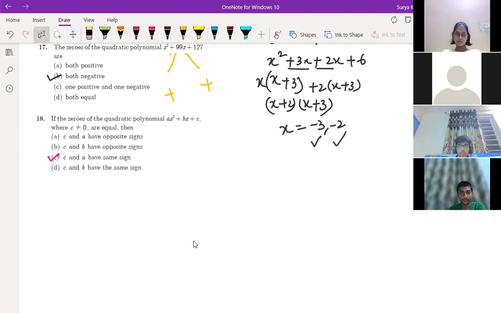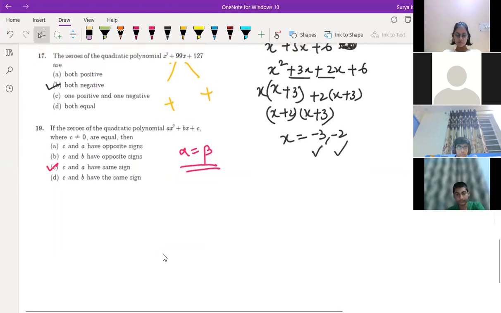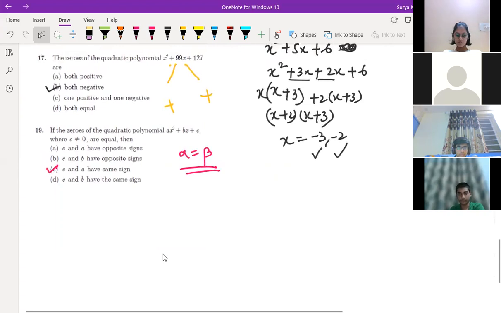Rasul, are you understanding the question? I'm not getting the question only. What is the question here? If the zeros of a quadratic polynomial are equal, it means that alpha should be equal to beta. Then both should have opposite sign only or negative sign.